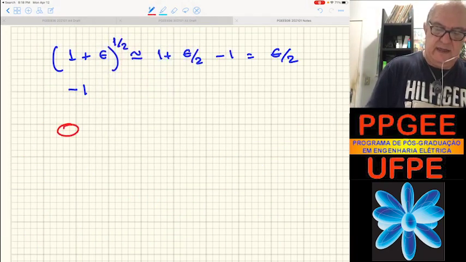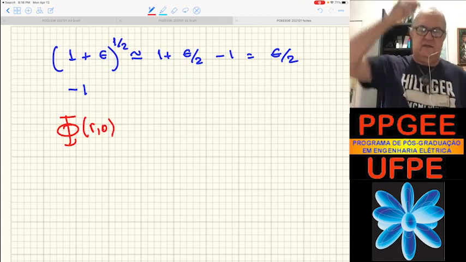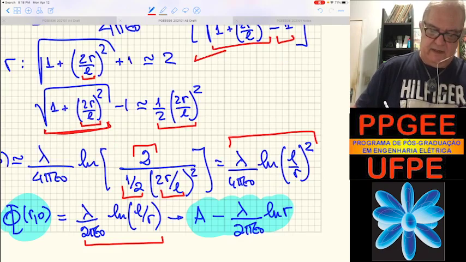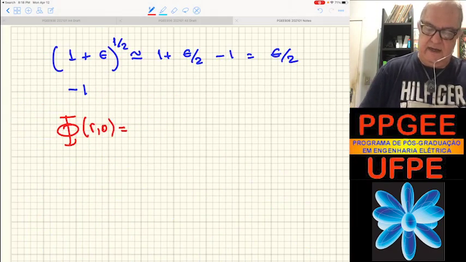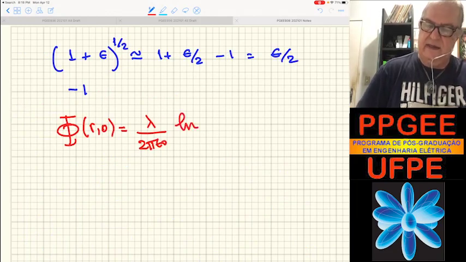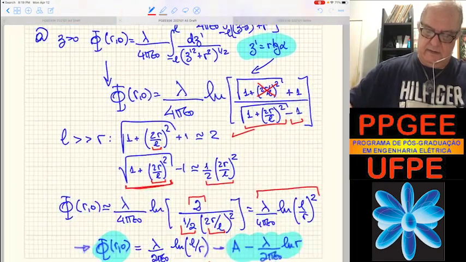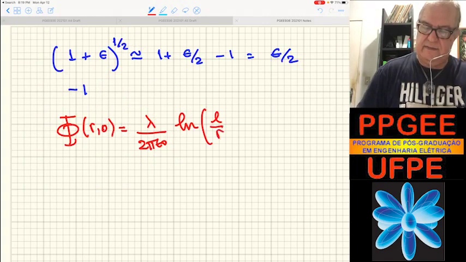So the potential in the plane z equals 0, in the middle of a long straight line of charge, equals lambda over 2 pi epsilon 0 natural log of L over R, right?